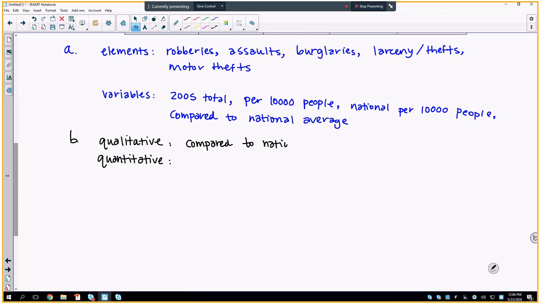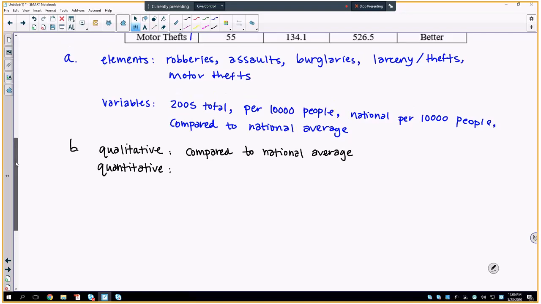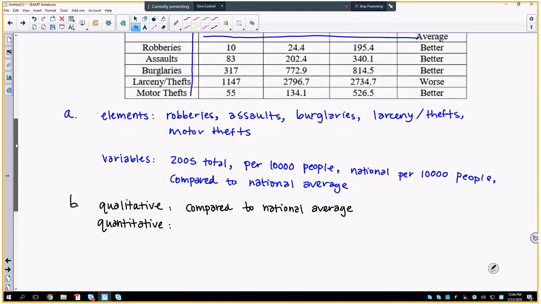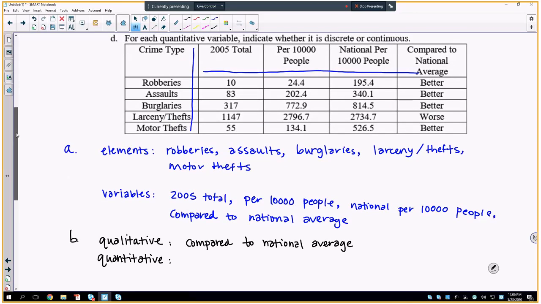And if we look at the other three, the values are clearly numerical: number of instances per 10,000 people, number of instances per 10,000 people nationally, total in 2005.